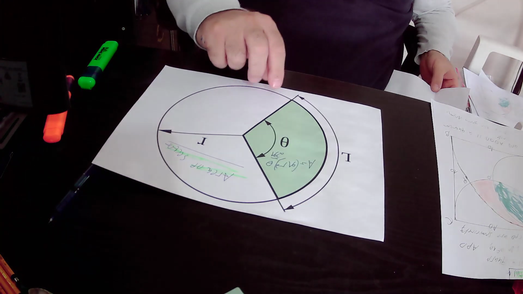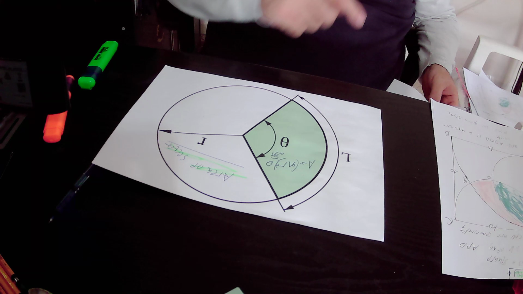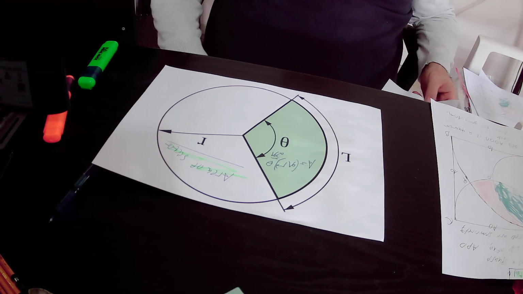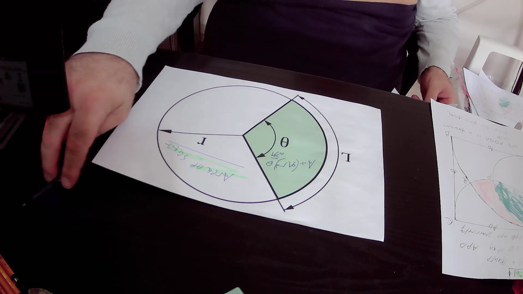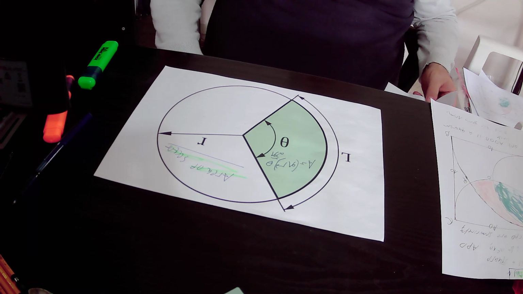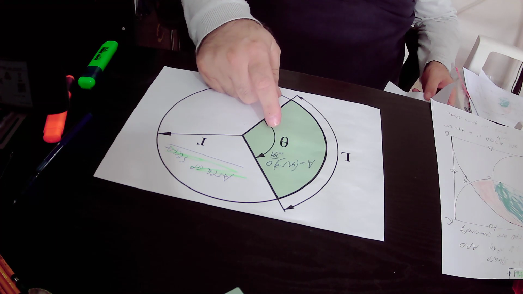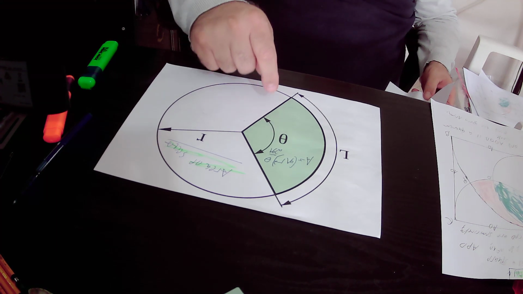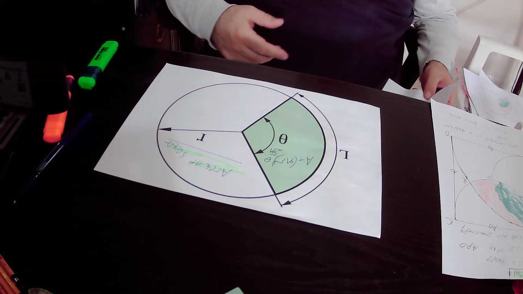So first of all, I presented to you two new terms. What is the area of this green sector? The area of this green sector equals the area of this circle, that is pi r squared, because the radius of this circle is r, times the ratio between angle theta to 360 degrees, or to 2 pi, that is equal to 360 degrees.